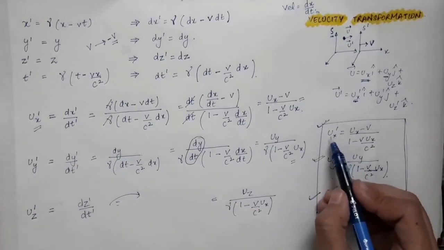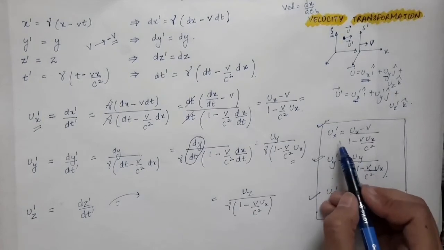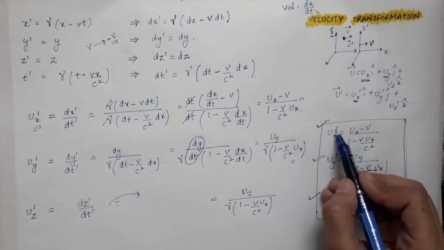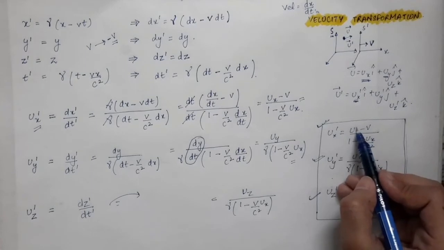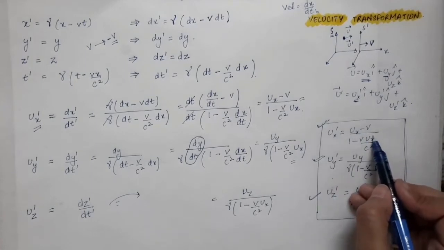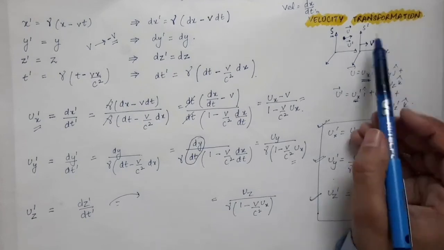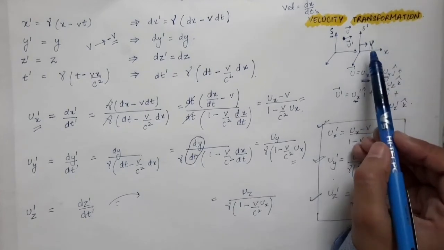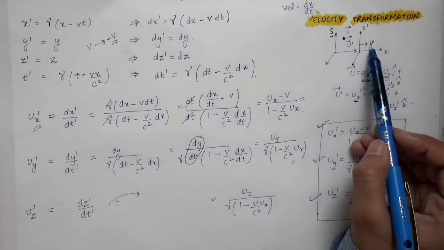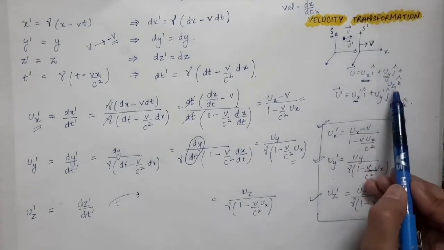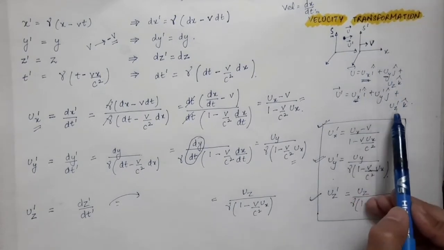If you want to find ux, you will remove this prime, you will insert prime over here, and you will insert prime over here. There will be no prime on this v, because v is the velocity of the s prime frame. So all the variables that we have are v, ux, uy, uz, ux prime, uy prime, uz prime.